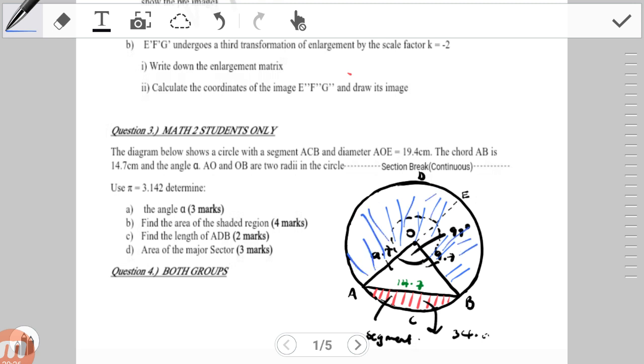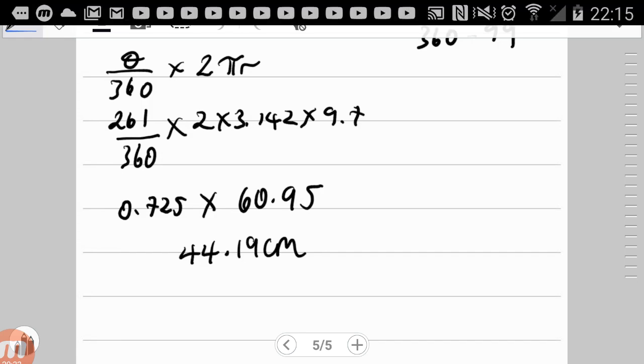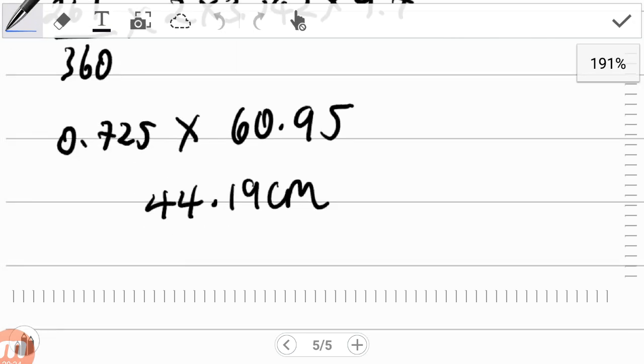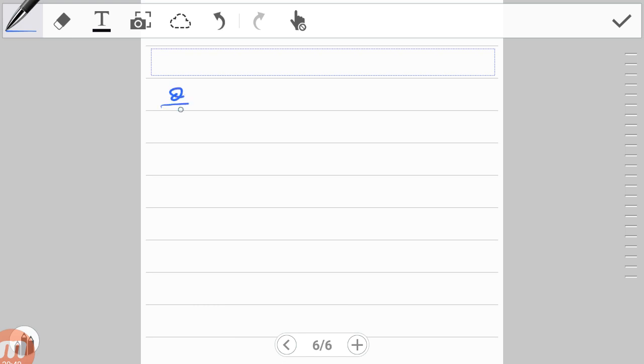We had initially written down a formula for sector. The formula that we would have written down for sector would have been up here, because this was the sector formula, and that was the area of the triangle. So the formula here is theta over 360 times pi r squared.